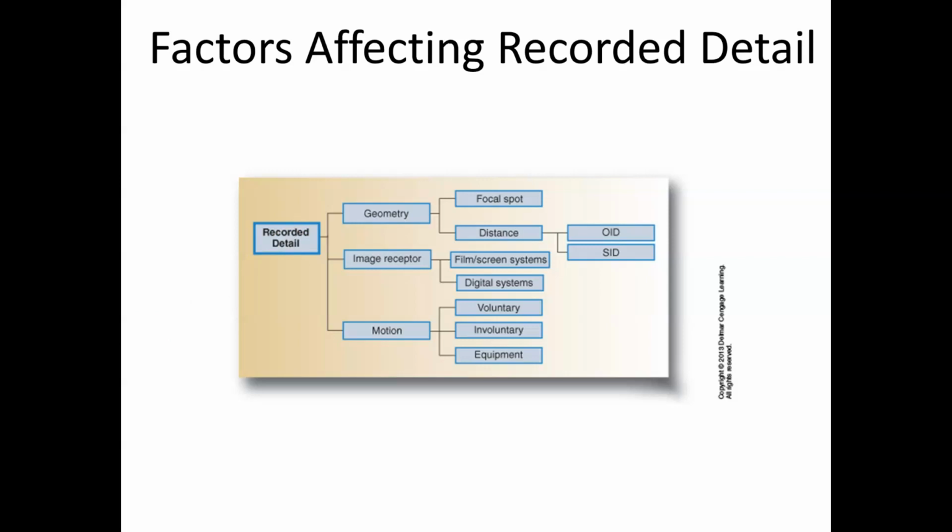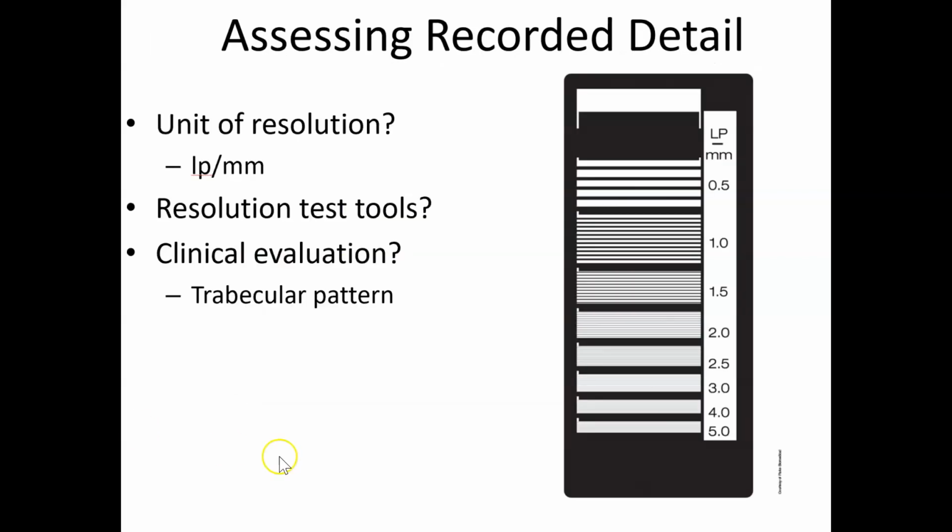And I want you to think about, what do we use to assess recorded detail? In the old days, we used a device like this. We would take an x-ray at a certain distance, and the unit of resolution is line pairs per millimeter, as you can see here.